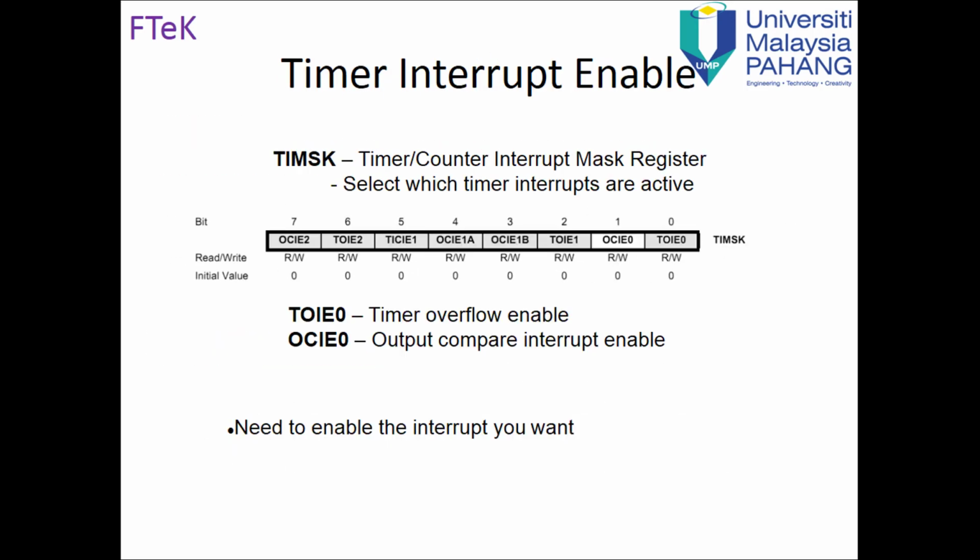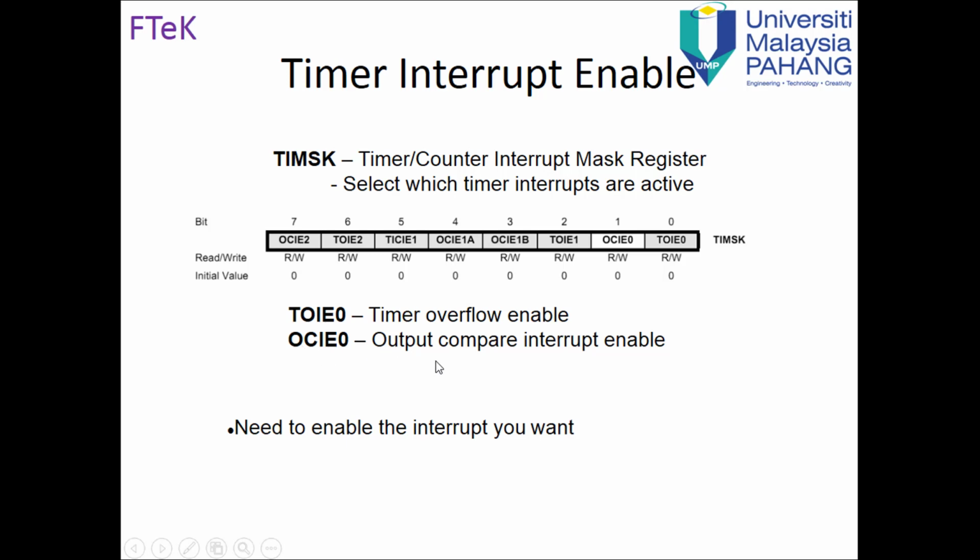Related to interrupts, for each timer we have the TIMSK register. The TIMSK register is for all the timers, and for each of the 3 timers of the ATmega32, we have an enable/disable interrupt bit. These 2 bits are for timer 0. TOIE0 is timer overflow interrupt enable, and OCIE0 is output compare interrupt enable.